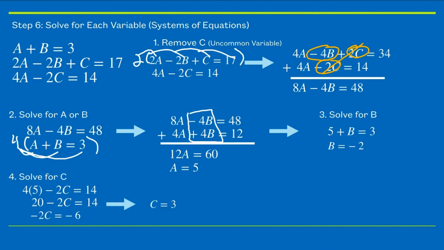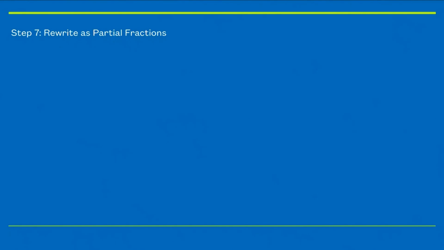Okay? So now I found all 3 of my variables. Now the last step is basically just to put the partial fractions back together. We're just going to include these values in the numerators from step 2. All right, so the last thing we have to do is rewrite the partial fractions. So I'm going to bring in the fractions from step 2.